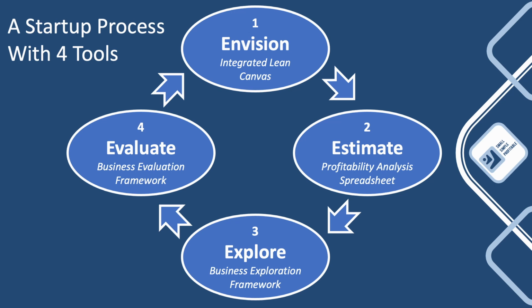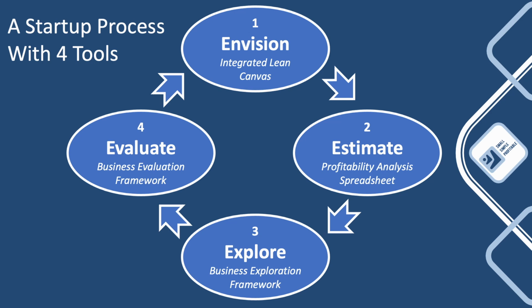Let's review where this tool fits into the 4-step process for launching a new business. In step 1, the envision step, you can outline your business model by using the integrated lean canvas tool. In step 2, the estimate step, you can calculate the profit potential of your business by using the Profitability Analysis Spreadsheet, which we will discuss in depth in this episode.